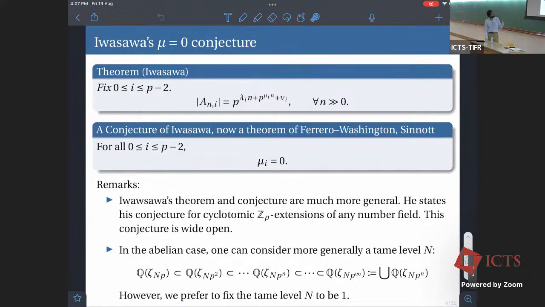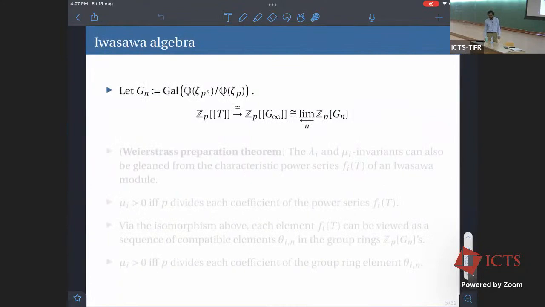Okay, so the initial motivation is this mu invariant, and just by some basic algebra, we have this ring called the Iwasawa algebra. If you look at G_n, which I'm denoting to be the Galois group of Q(zeta_{p^n}) over Q(zeta_p), you can look at this group G_n as n varies from 1 to infinity.